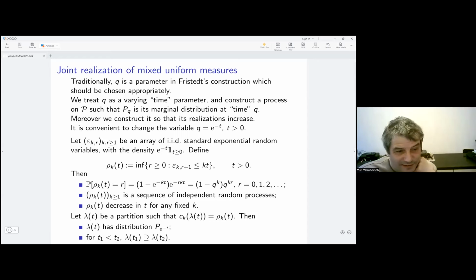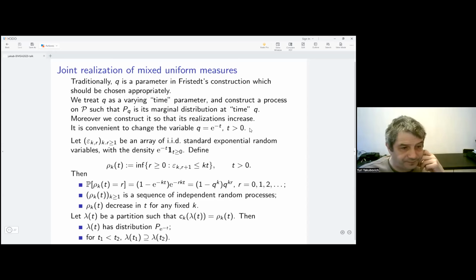For me it seems that things become simpler if we change a variable: we denote q by e to the power minus t. Then since q is between 0 and 1, we have that t is bigger than 0.